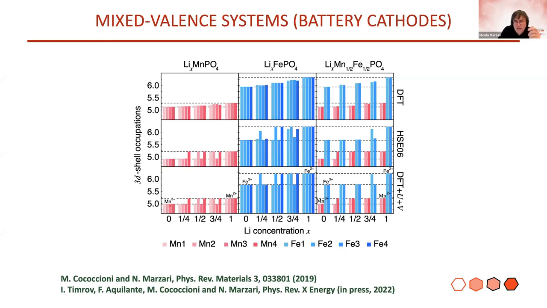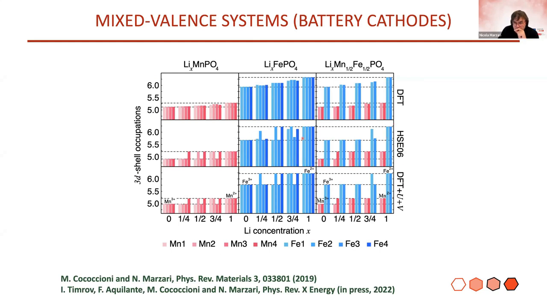It's either 3+ or 2+, the manganese, the iron, even in the mixed system, first the manganese changes and then the iron. In standard DFT, it is just a linear soup. You see there is no contrast, there is a linear increase in the oxidation state.